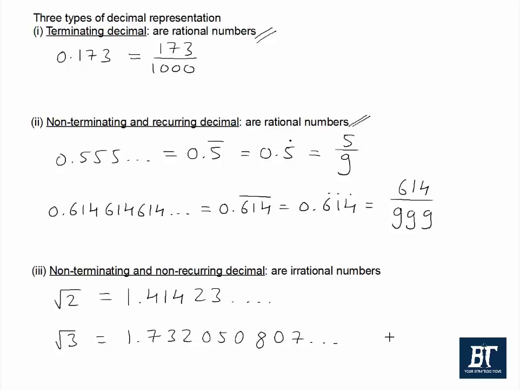Both root 2 and root 3 are irrational numbers because you cannot write them in p by q form. So non-terminating and non-recurring decimals are irrational numbers. So let's keep moving.